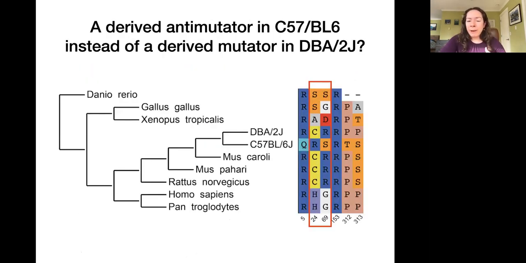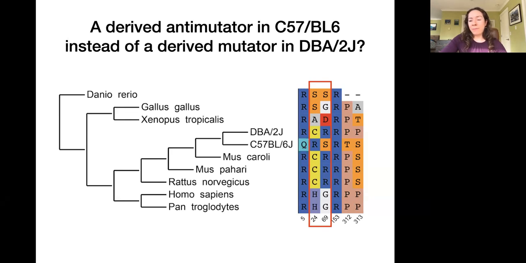And we also did a multiple sequence alignment of MUTYH in a bunch of other species, which confirmed the idea that most of the alleles are ancestral in DBA2J and derived in C57 black 6, including the two that the lab strain analysis shows are most likely to be causal.